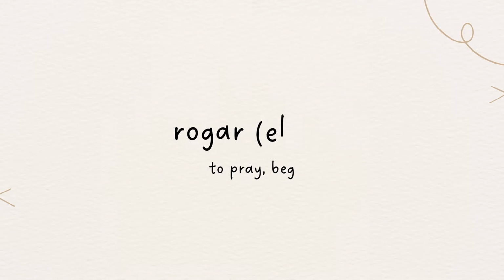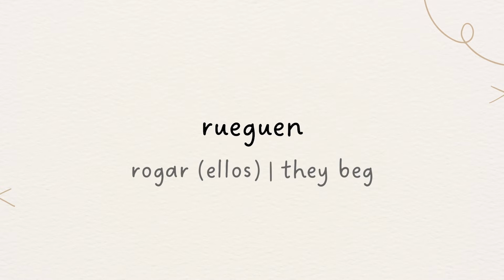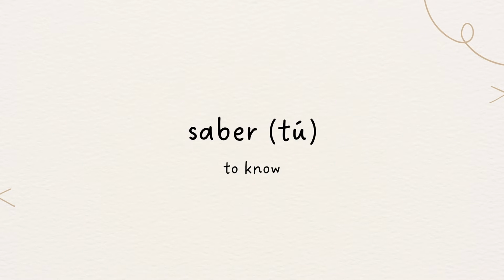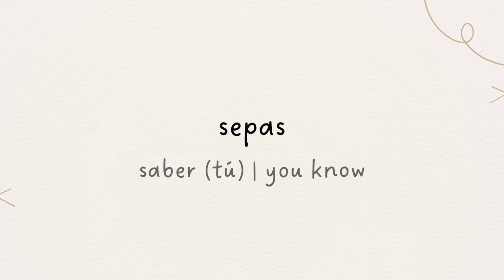Ponga. Rogar for ellos becomes rueguen, which means they beg. Rueguen. Saber for tú becomes sepas, which means you know. Sepas.